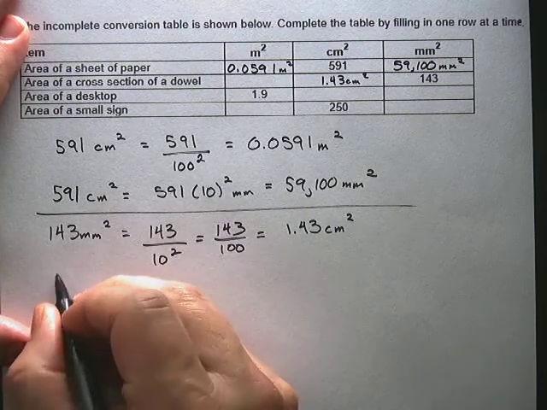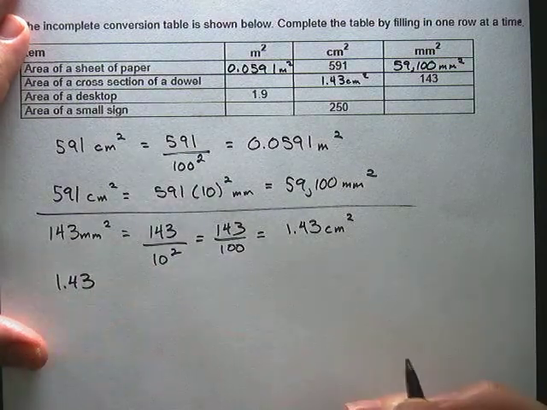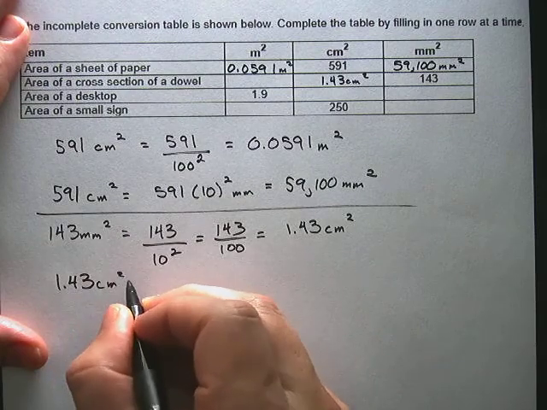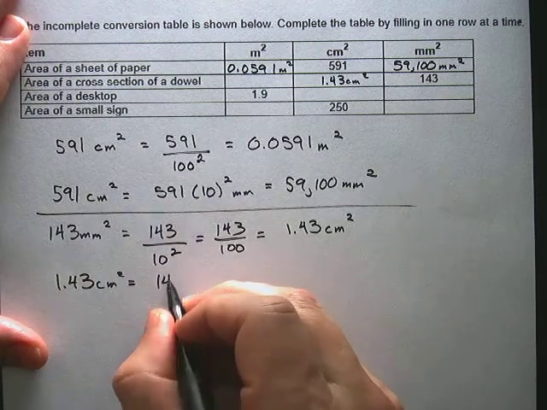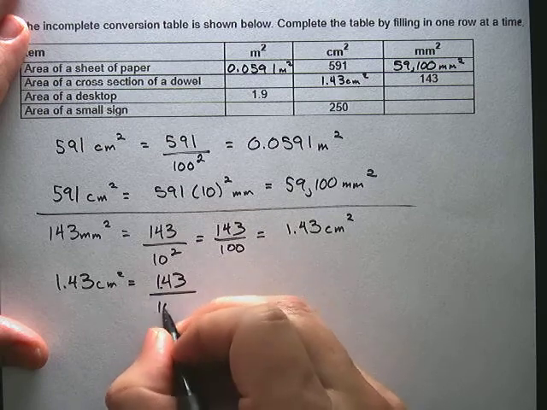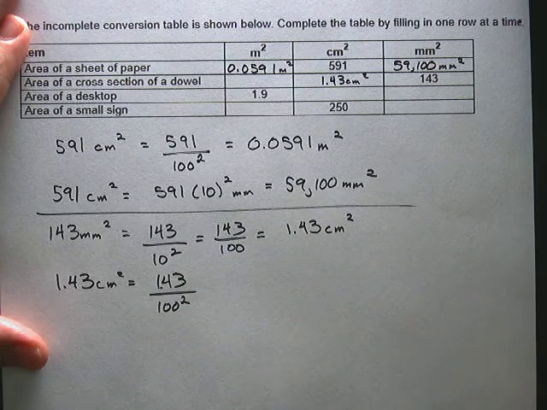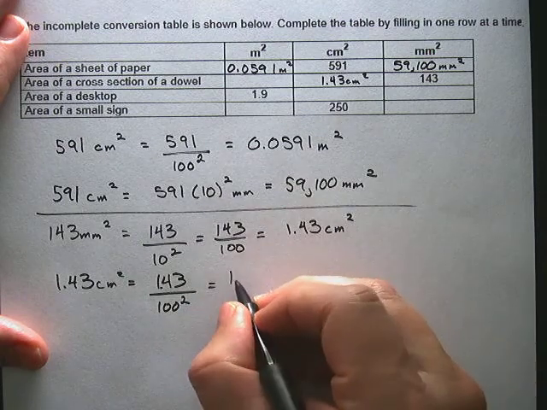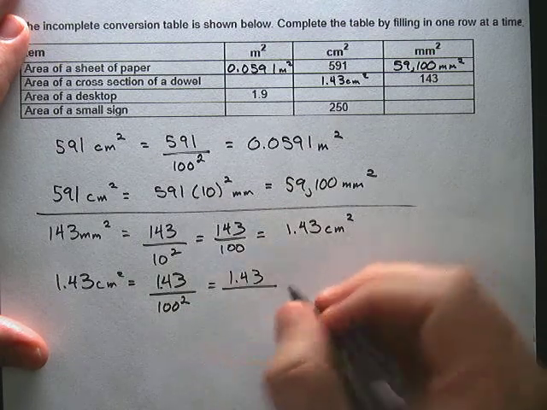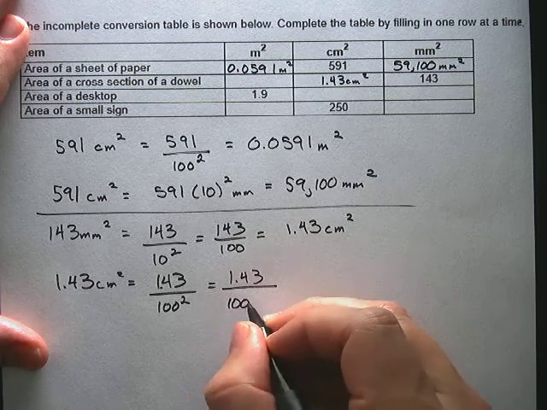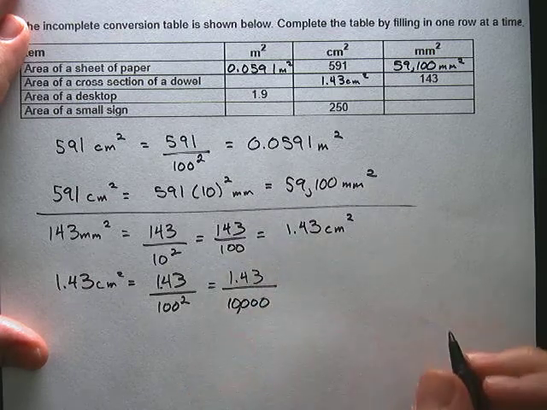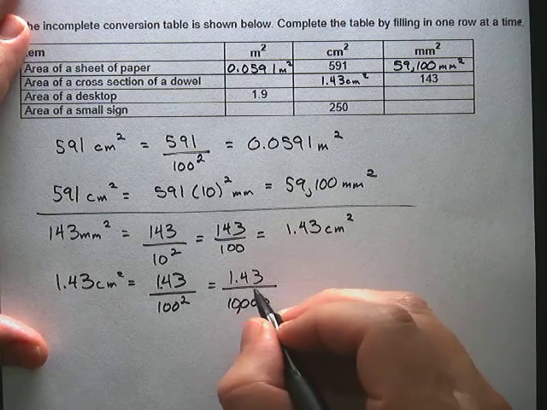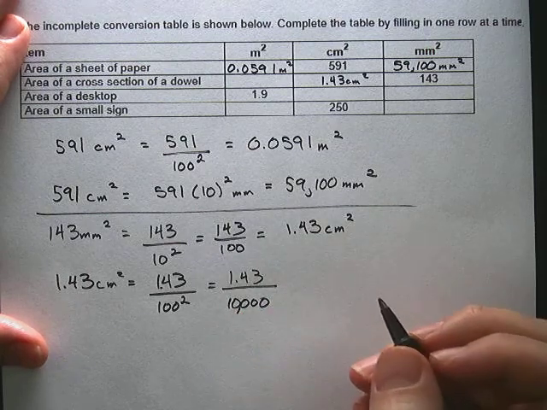So we'll take the 1.43, which is in centimeters squared, and we will divide it by 100 squared. Okay, so 100 squared, that's 1.43 divided by 10,000. Which means we're going to move the decimal place the same amount of zeros that we have.